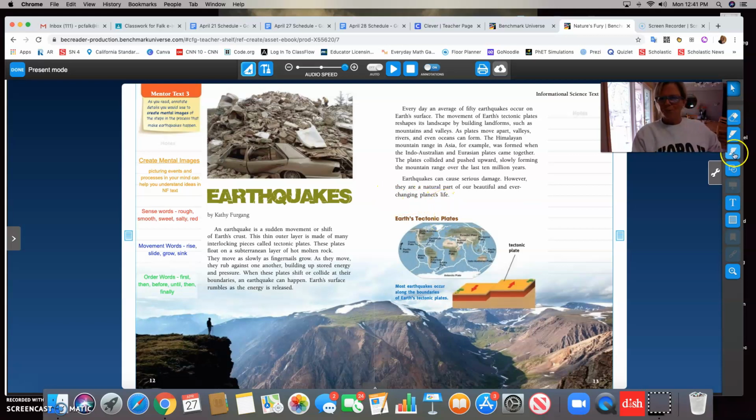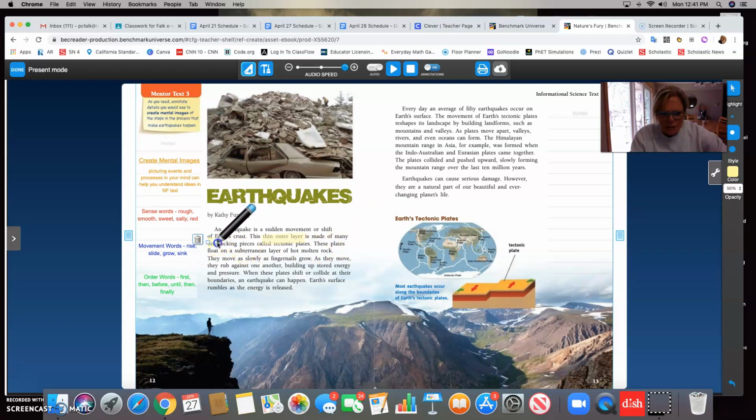Okay, so I just wanted to go through and find some of these words. So in the first paragraph, let's see if we can find some. An earthquake is a sudden movement or shift of Earth's crust. This thin outer layer, I would say this thin outer layer kind of helps us to picture that, is made of many interlocking pieces called tectonic plates.